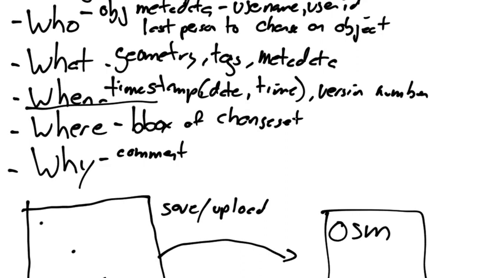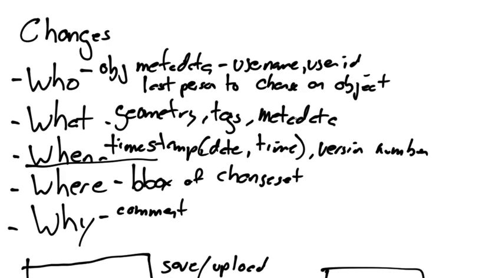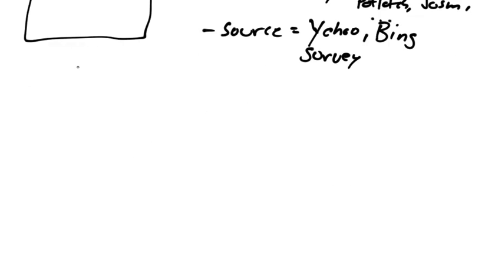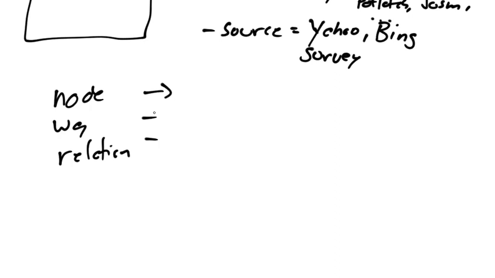And we can also often go from the object, so I'll go the other way. So the objects are our node, way, relation. We can derive the change set.